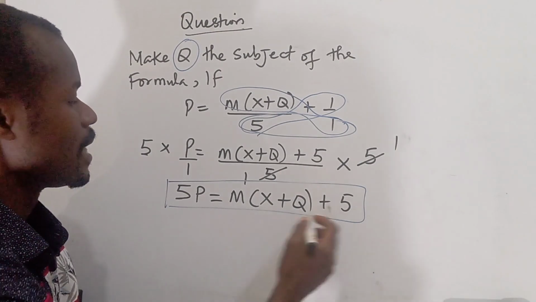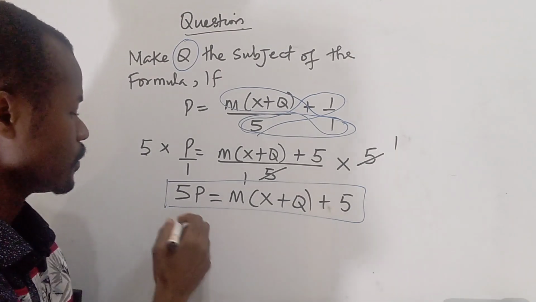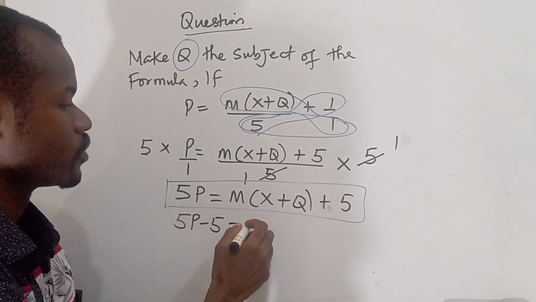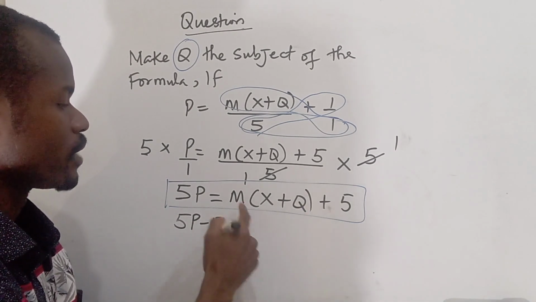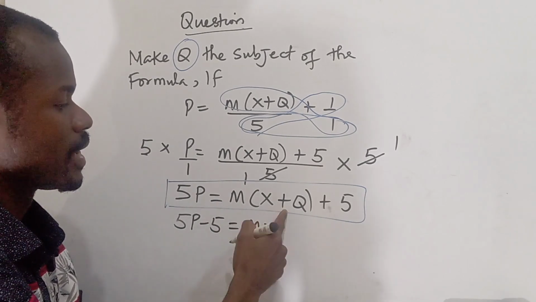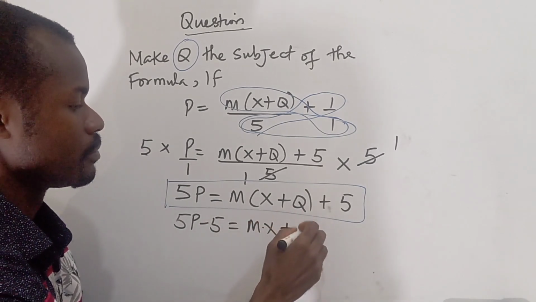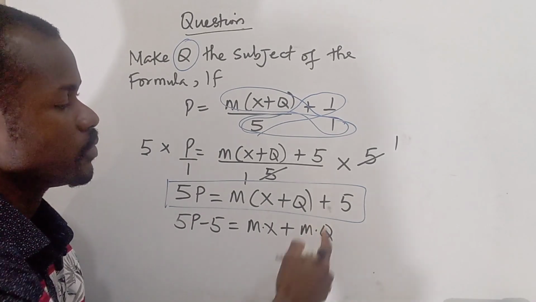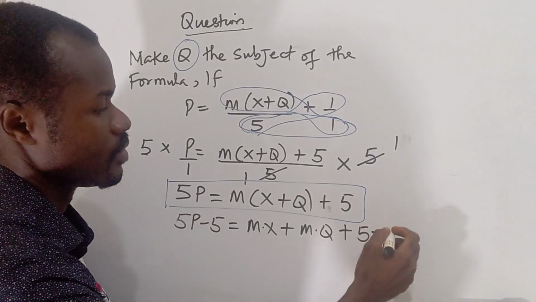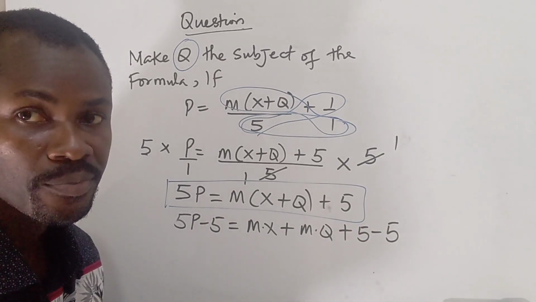So the next thing is that I want to subtract this 5. So I'm going to have 5P minus 5 is equal to, here I can open bracket M times X plus M times Q. So I have plus 5. Remember, I subtracted 5 here, so I'm going to subtract 5 here.